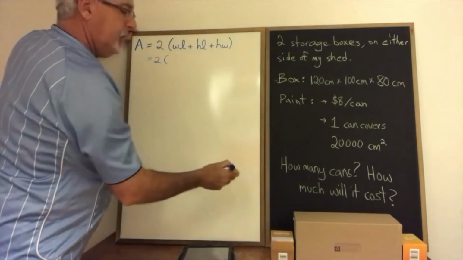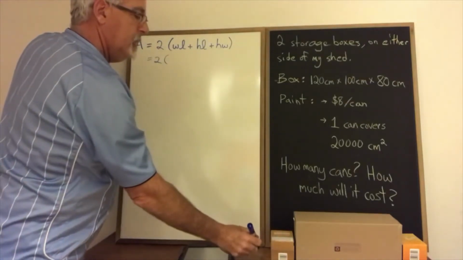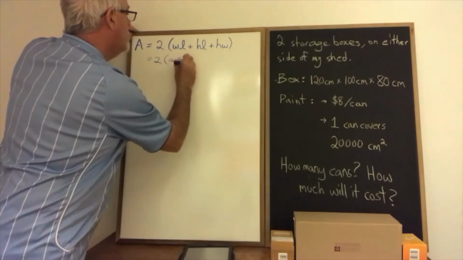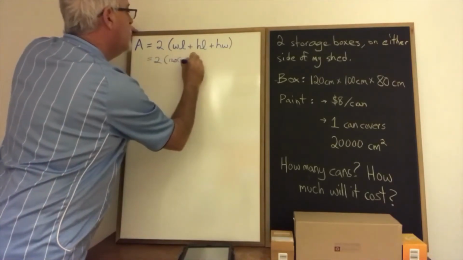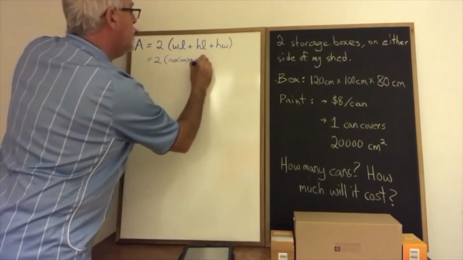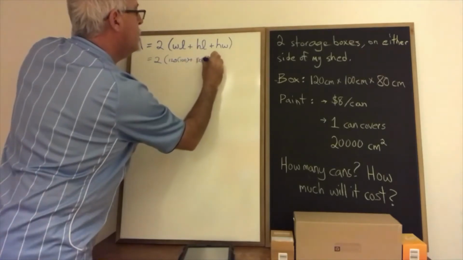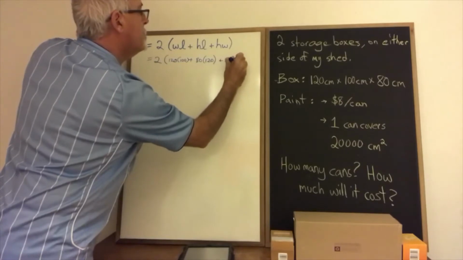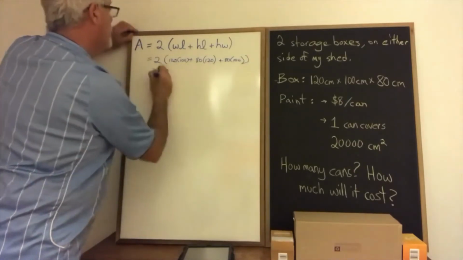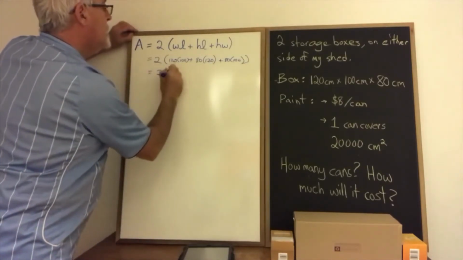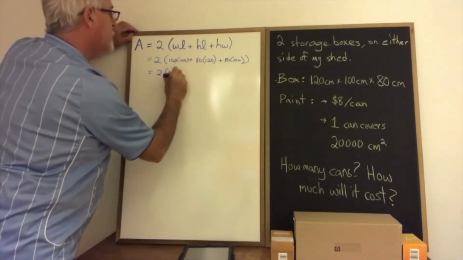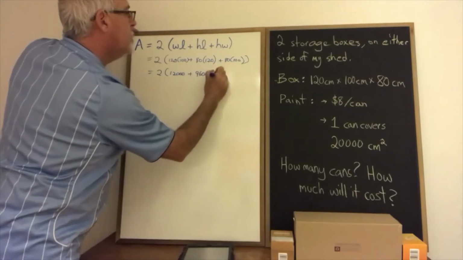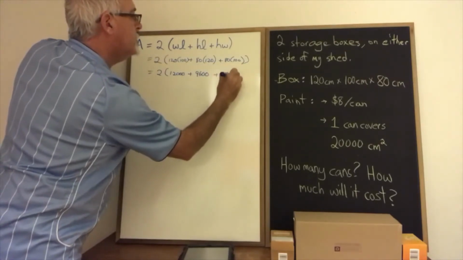Width times the length is going to be the 120 times the 100. Height times the length is the 80 times the 120. And height times the width is the 80 times the 100. When I do the multiplications, I get 12,000, 9,600, and 8,000.